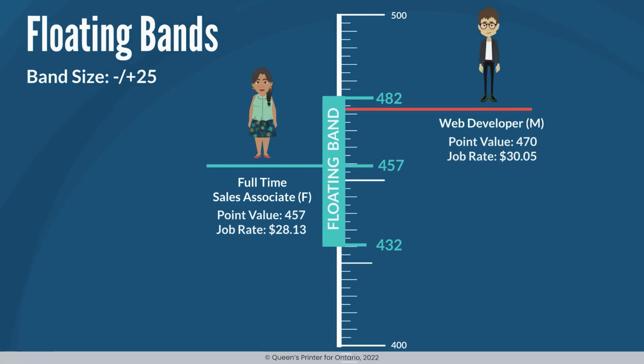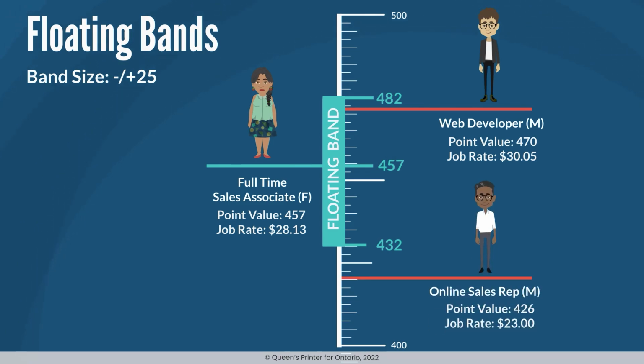The web developer male job class is only 13 points away from the full-time sales associate class and would be identified as the male comparator instead of the online sales rep class, identified by choosing fixed bands. As a result of choosing floating bands in this example, the job rate of full-time sales associate would be increased, whereas the job rate would remain the same if 50-point fixed bands are chosen.